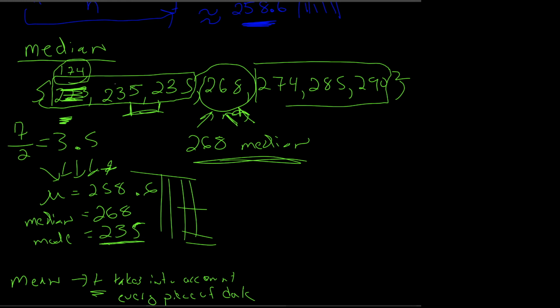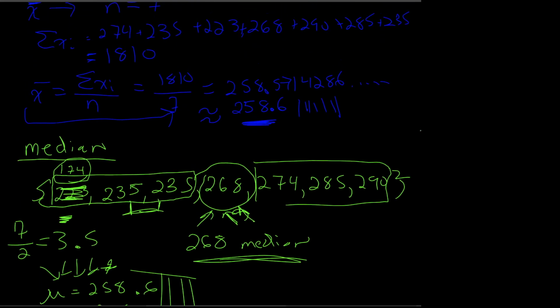That comes through and it's going to pull the average down even further because it's a smaller number. In fact, if I go back up and recalculate the average with 174 in there instead of 223, I'll re-add these up really quick.